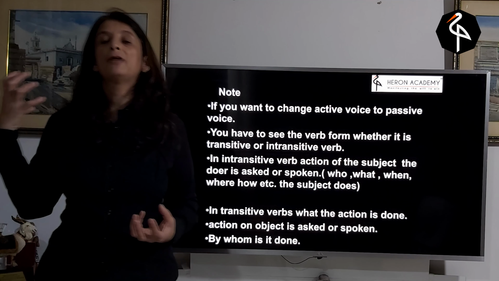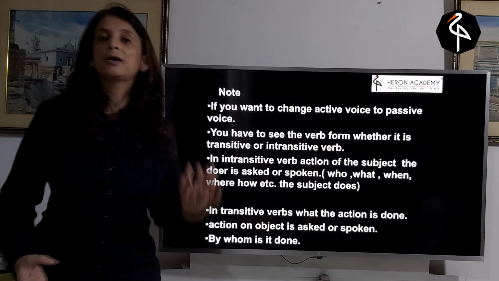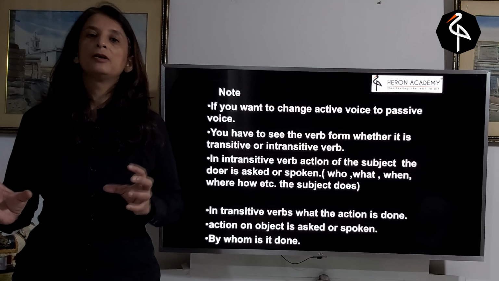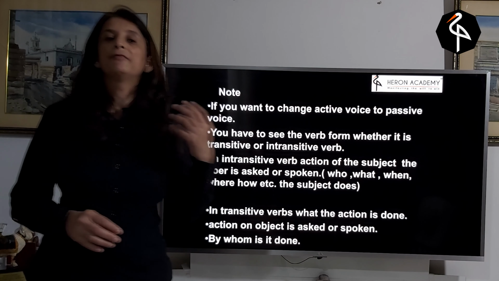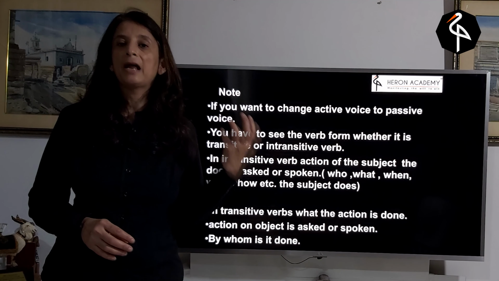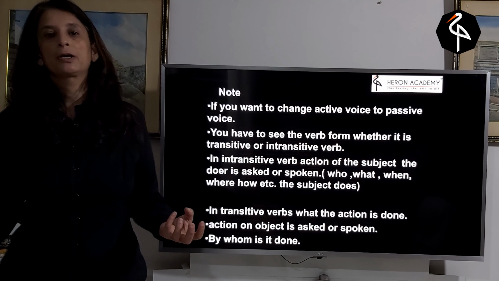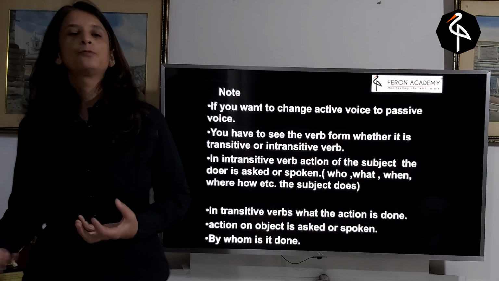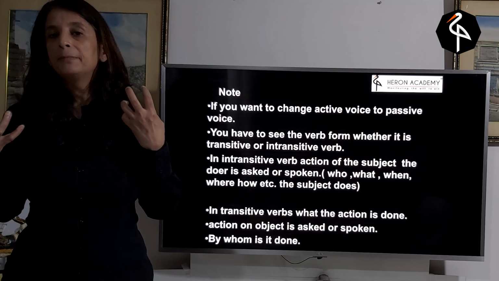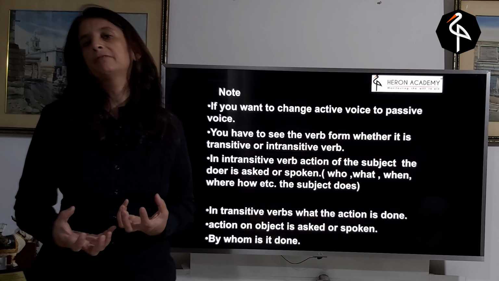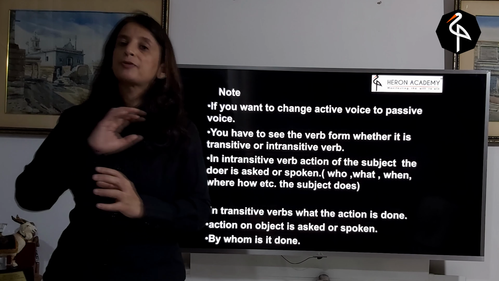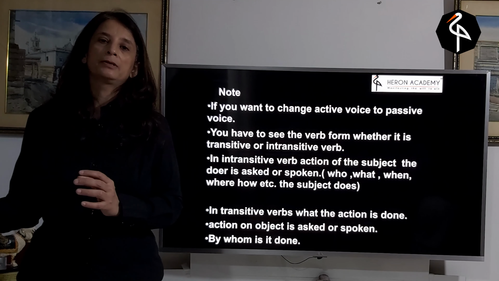You are going to identify the verb form, transitive and intransitive. These two verb forms identify whether you are talking about an active sentence or a passive voice. Understood? So this is the second session of my active and passive, where you have understood the concept of transitive and intransitive verbs.